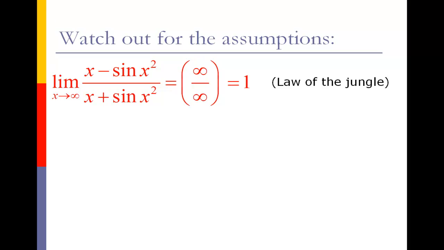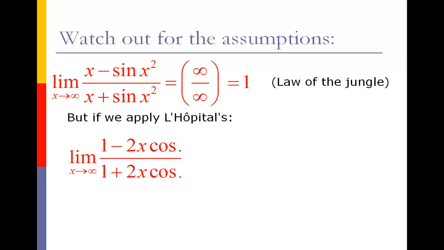But what we can do is say, well, it's infinity over infinity, we should be able to apply L'Hopital's rule. Well, let's try and apply it and see what happens. So we're going to switch to the derivatives. The derivative on the top is going to be 1 minus 2x cosine of x squared, divided by the bottom, same thing but with a plus. I'm just using the chain rule there. Now, if I let x go to infinity, what happens now?